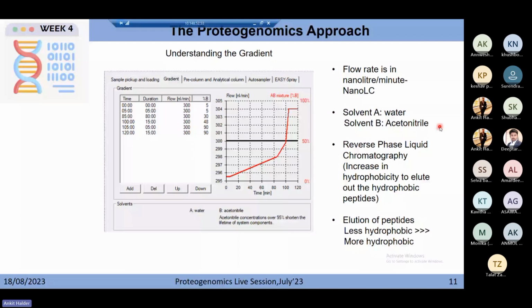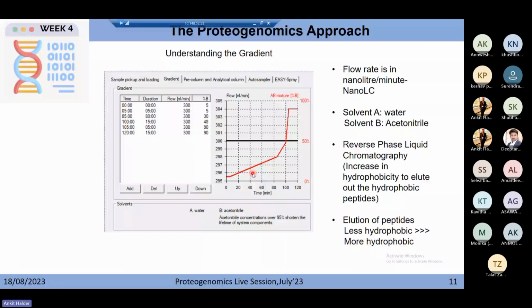So we are gradually increasing the gradient of hydrophobicity, so that the peptides, on the basis of their hydrophobicity, get eluted from the stationary phase as the mobile phase flows out.